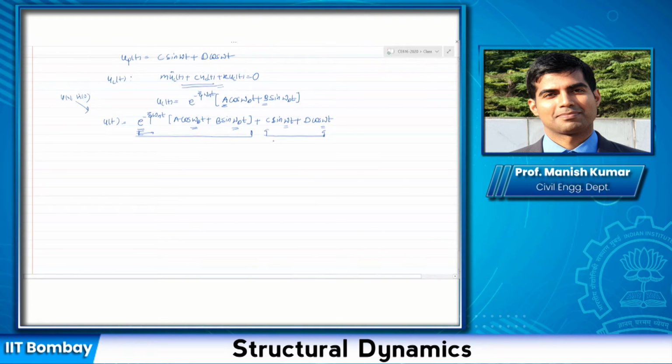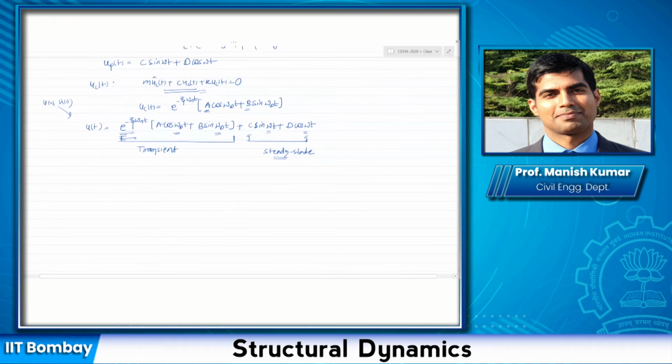So this is called the transient vibration, and this is called the steady state vibration, because after a sufficient amount of time, my u of t converges to steady state. This term vanishes because for a large time, this e to the power term is equal to 0, so that this transient solution becomes 0.